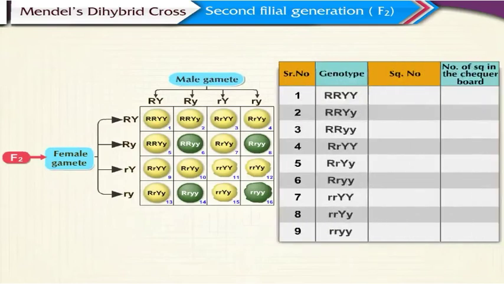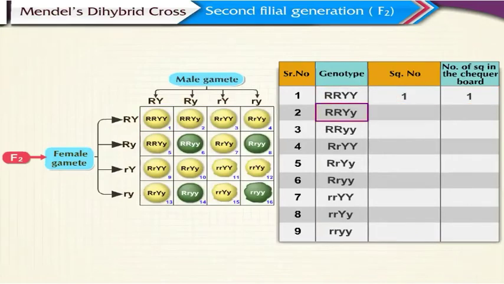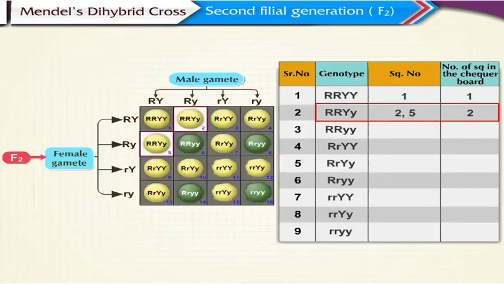Now let us determine the genotype ratio of Mendel's dihybrid cross. There are 9 different genotypes. Genotype R, capital Y is observed in only 1 square in the checkerboard numbered 1. Genotype R, small y is observed in 2 squares in the checkerboard numbered 2 and 5.